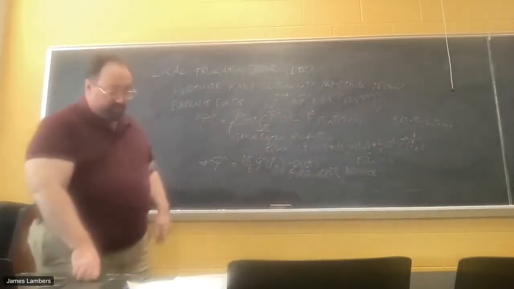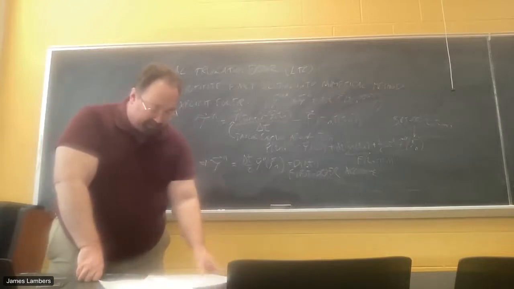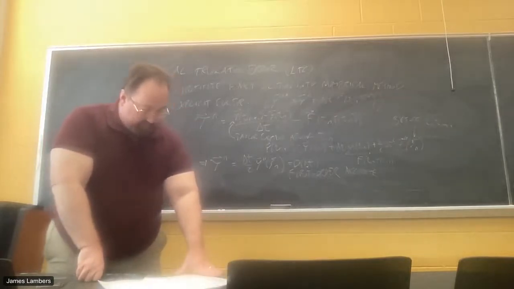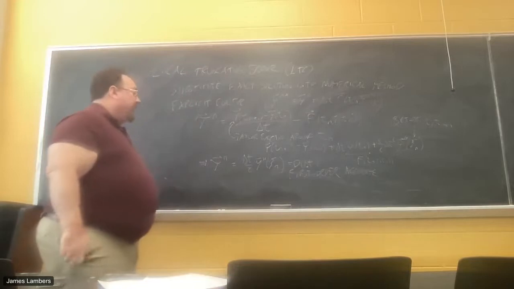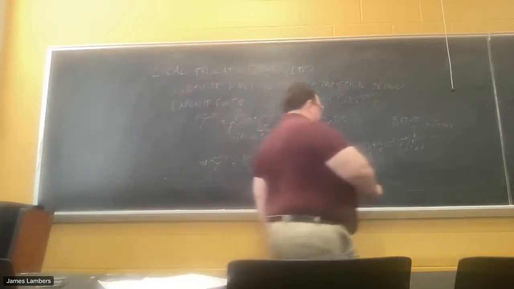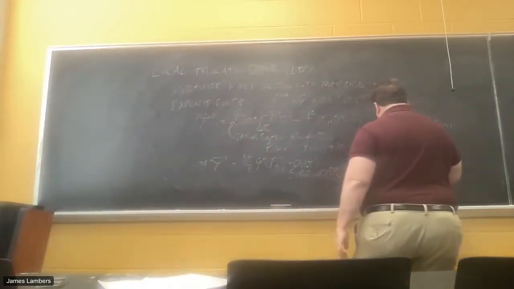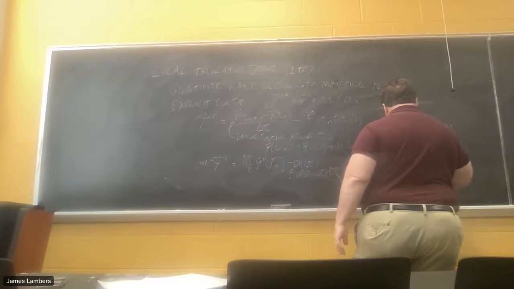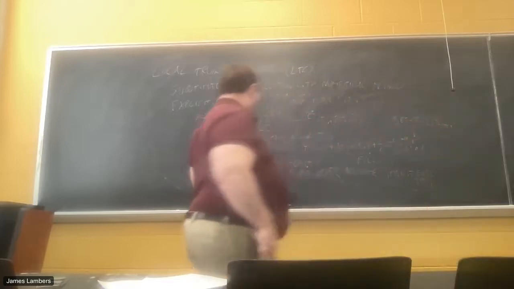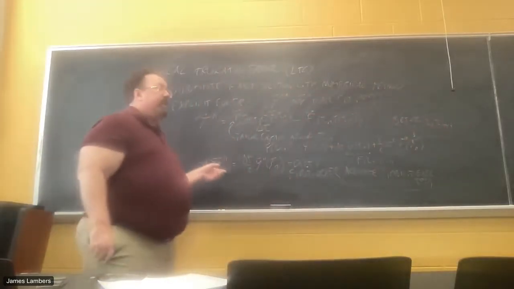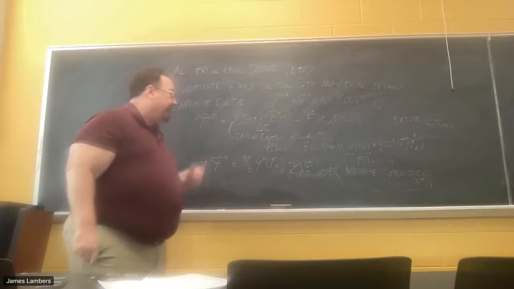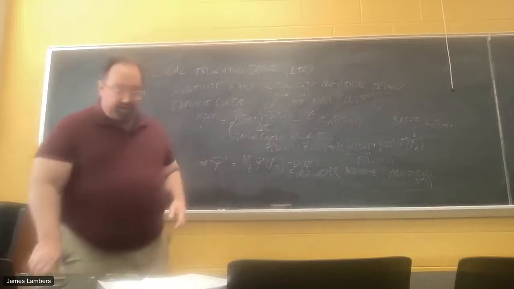So not great, but it's such a simple method. What do you expect? And if I were to carry this out for implicit Euler or backward Euler, I would pretty much get the same result. The only difference is the error would be the opposite sign. But it's also first order accurate.